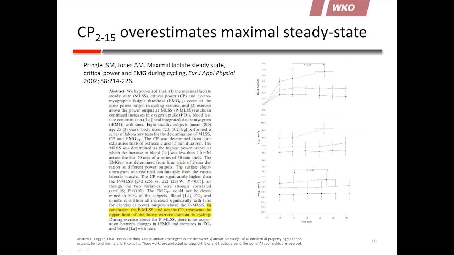And the same is true with respect to changes in ventilation and lactate. So their conclusion was that it was really the power at maximal lactate steady state, and not the critical power based on tests of 2 to 15 minutes in duration, that really represents the upper limit of the heavy exercise domain and the beginning of the severe exercise intensity domain.